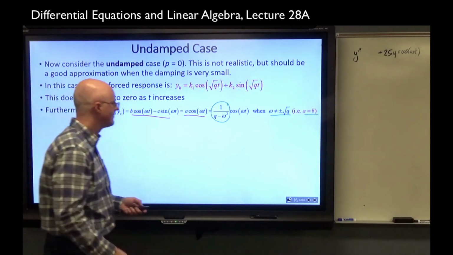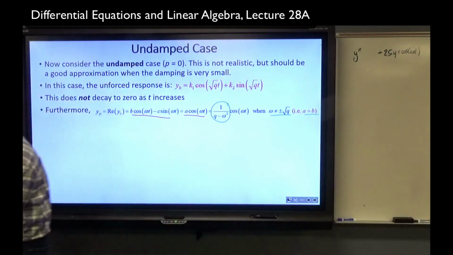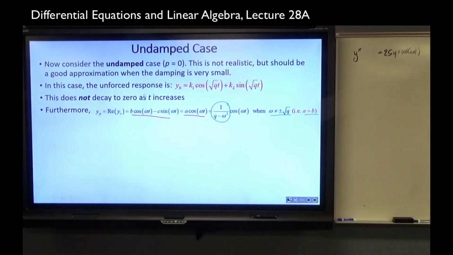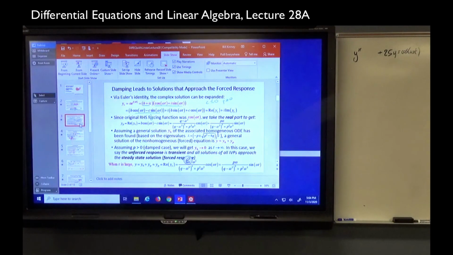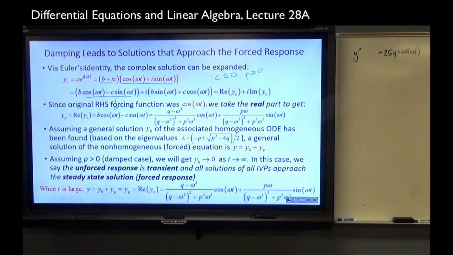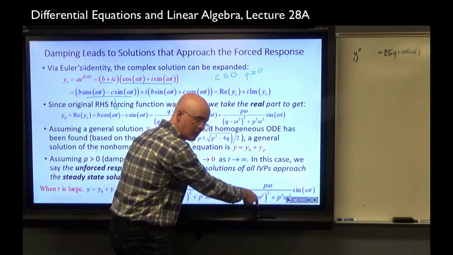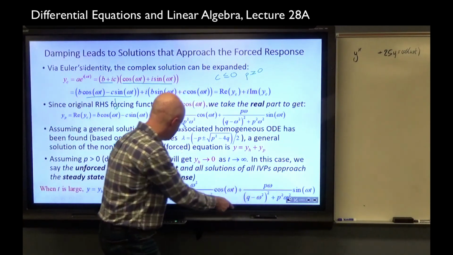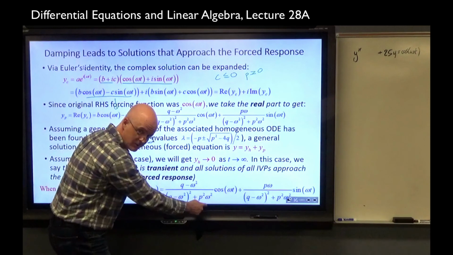Is this right? We should go back a few slides. Just double check quick. Oops, there we go. Yeah, if p is 0, this term goes away. This part goes away.